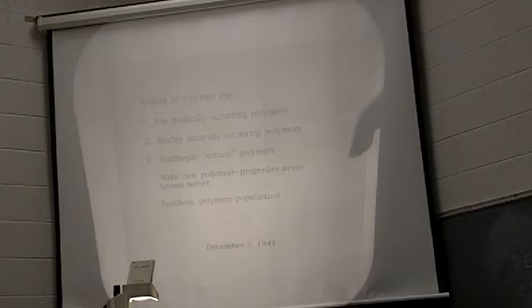And so what happened is there wasn't really a big drive for synthetic polymers yet. But then all of a sudden with World War II, there was this huge need for rubber for all of the different pieces of equipment that were going to be needed to fight the war. And a lot of the rubber at that time was coming from naturally occurring sources. So what needed to happen is, instead of just getting it from naturally occurring sources, we needed a way to synthetically have the rubber available.